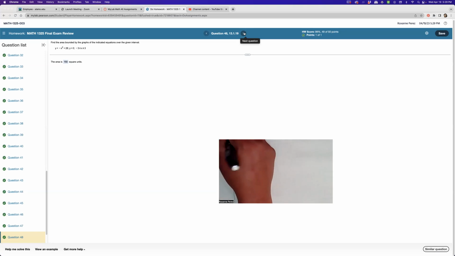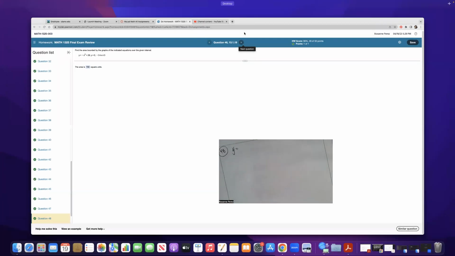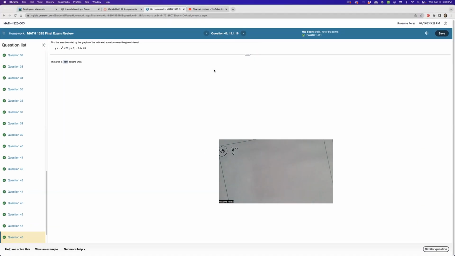48. Our function is y equals negative x squared plus 28, y equals 0, and we're evaluating from -3 to 3.